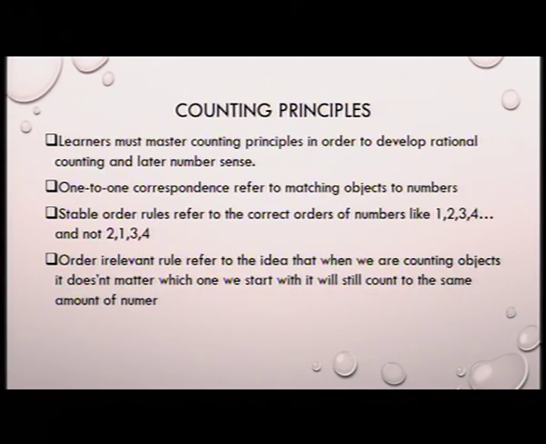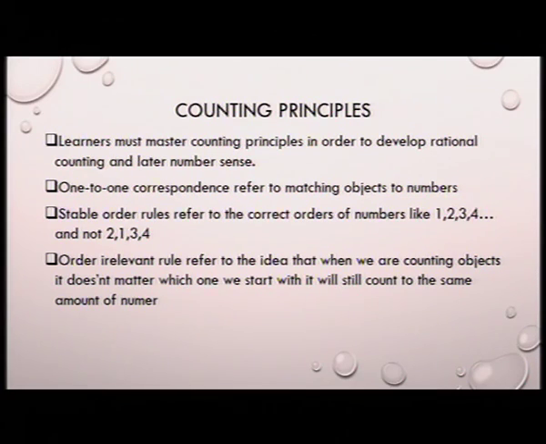And then the order irrelevant rule refers to the idea that when we are counting objects, it doesn't matter which one we start with, we will still count the same amount of numbers. So if you have a lot of objects and you know the one-to-one correspondence, say, one object, one number. Now if you have 5 objects, it doesn't matter which one you start with. That is the order irrelevant rule.